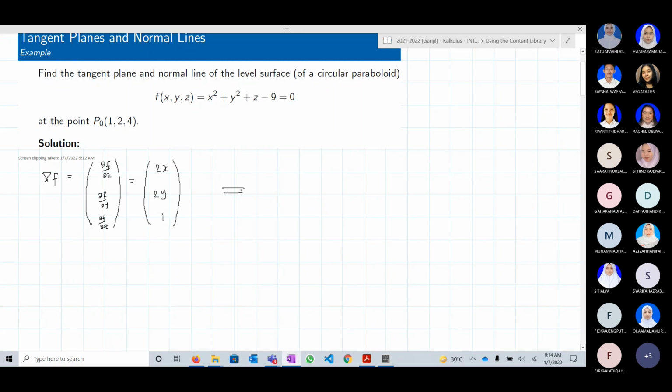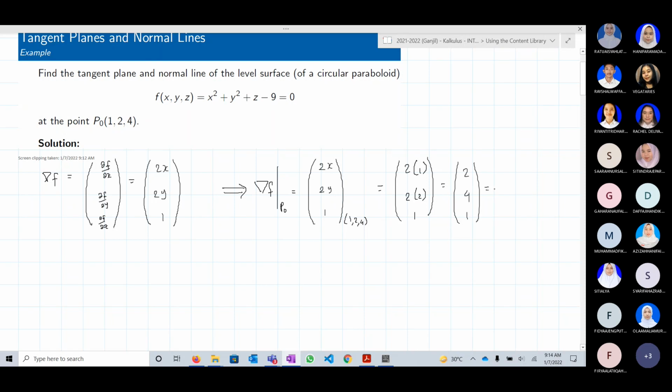And so in this case, we can evaluate grad f at the point P0, which is the vector 2x, 2y, and 1 at the point (1, 2, 4), which is 2 times 1, 2 times 2, and 1, which is 2, 4, 1.